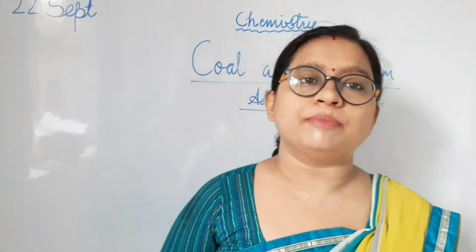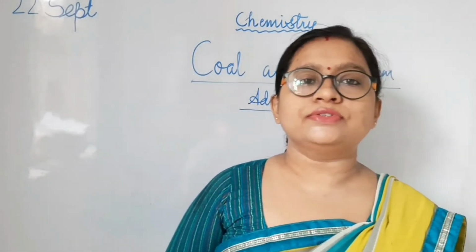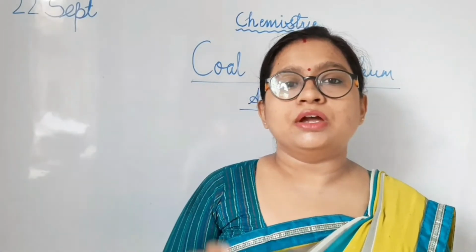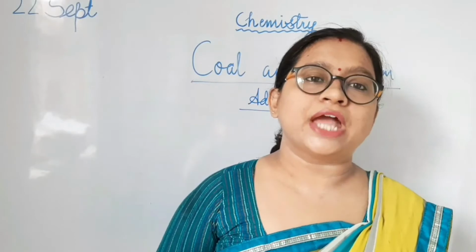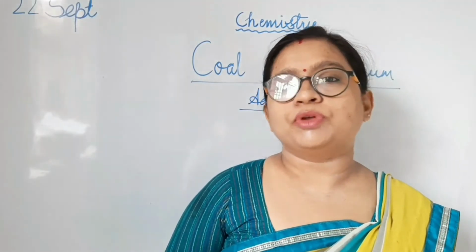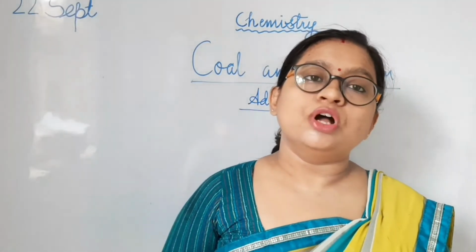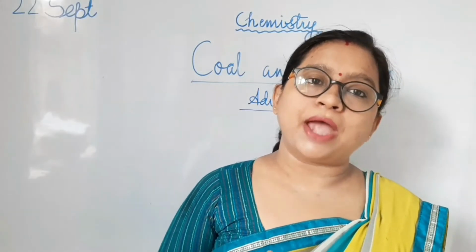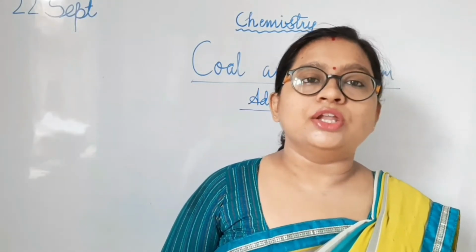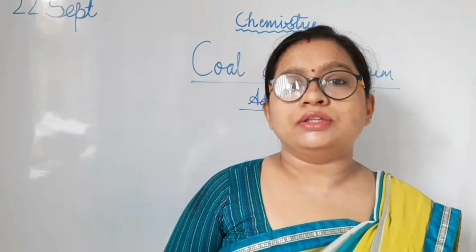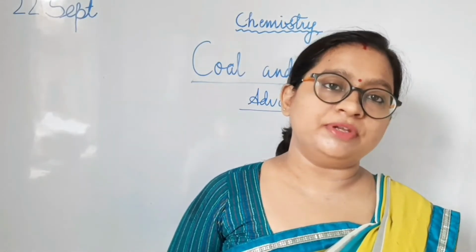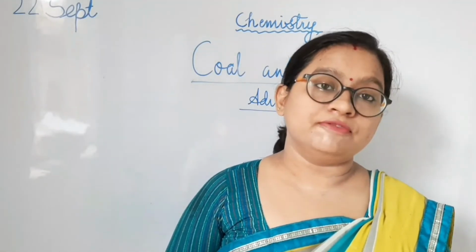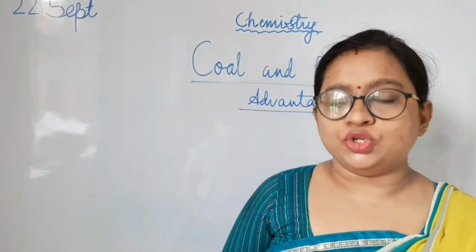If you remember in the chapter Combustion and Fuel, we discussed that a fuel should be easy to transport, easy to store, and it should have a good calorific value. All these points were related to coal and petroleum, making them the backbone of our energy needs. Therefore, they form the traditional or conventional sources of energy because of their easy availability and since they are inflammable. So they are very useful.